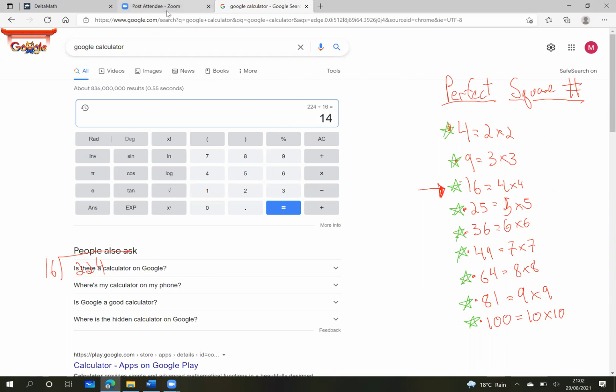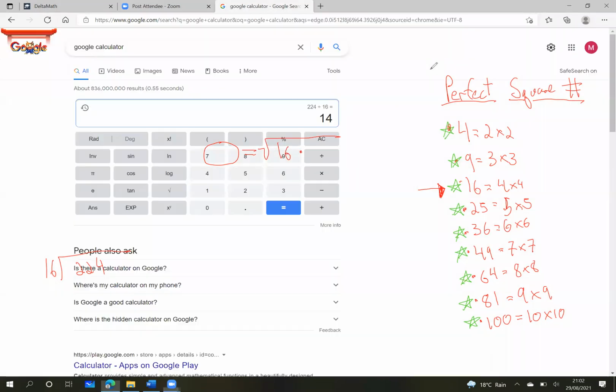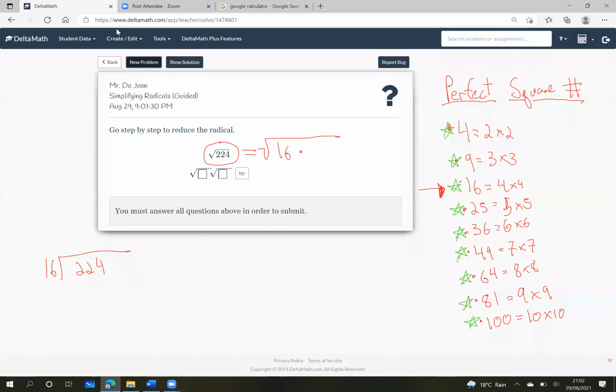So we know that 16 times 14 is going to give us 224. So what we have is the square root of 16 times the square root of 14.